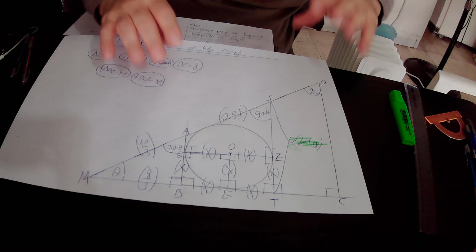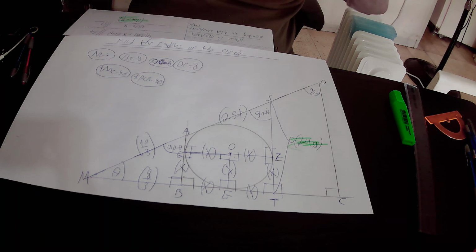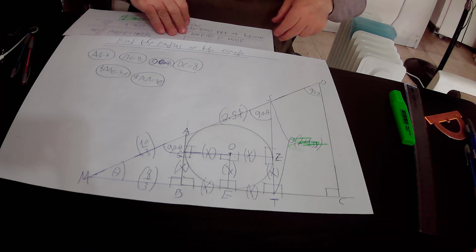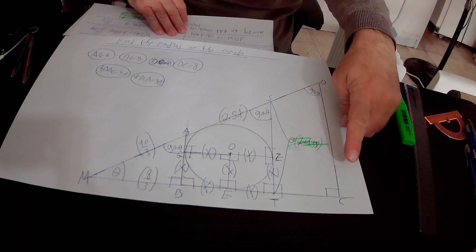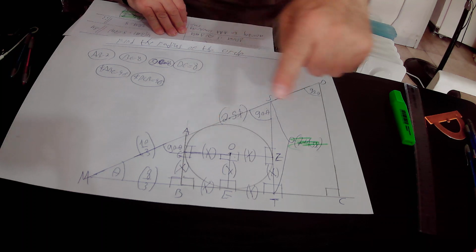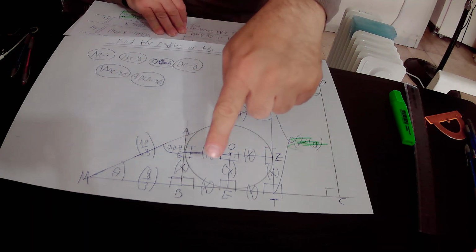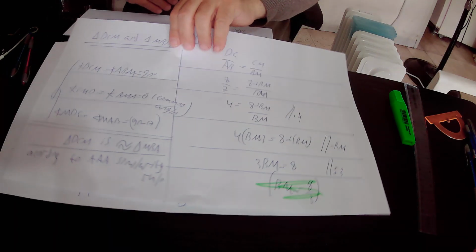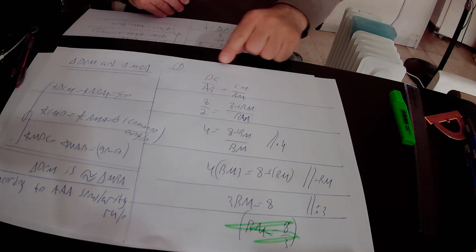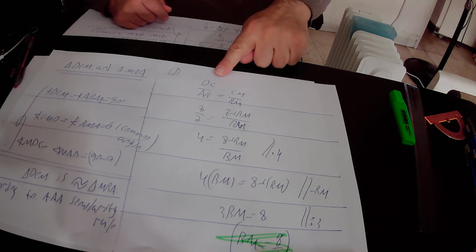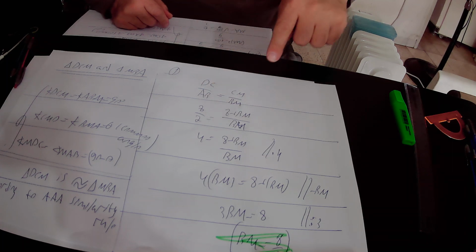And from the fact that those two right triangles are similar, we derive the following relationship between their sides. Side DC in the big triangle over side AB in the small triangle equals side CM in the big triangle over side BM in the small triangle. I'll repeat again: DC over AB equals CM over BM. DC is 8, AB is 2.